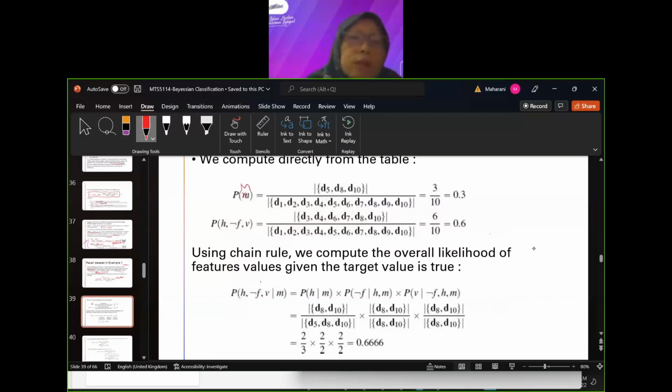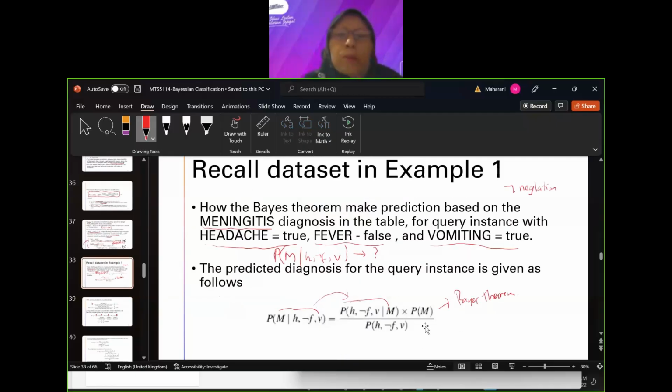This one as well, capital M, capital M, capital M, just to be consistent. Now we look at them one by one, because here we have to compute P(M), and then P of this one, and then P of this one.